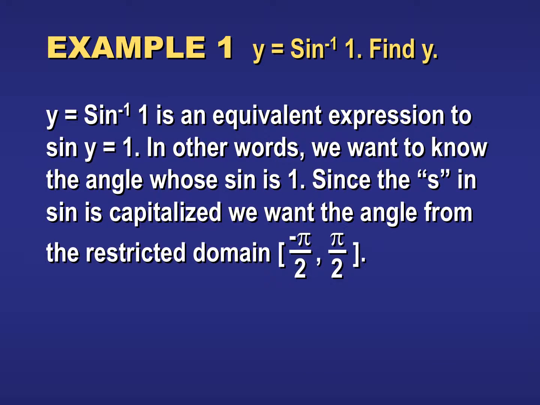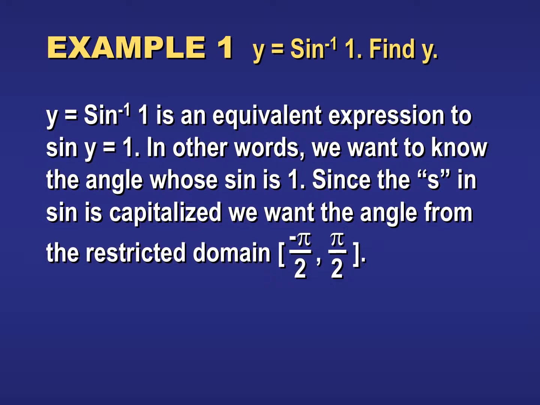So let's do this example. We have y equals sine inverse of 1, and we want to find y. So remember, we're trying to find an angle. We're trying to find: sine of what angle is 1. And remember, we're only considering from negative pi over 2 to pi over 2.